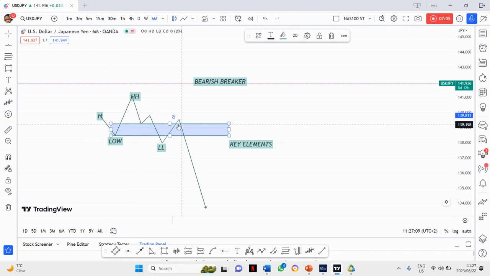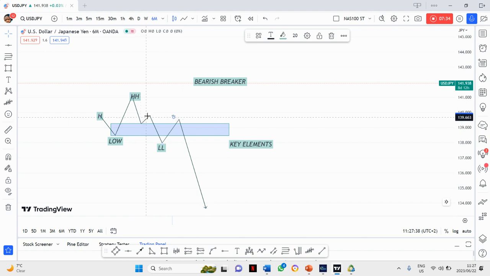After seeing high and low, the market is going to break the structure here. After breaking this structure, the market will create a higher high. After creating a higher high, it bounces back.